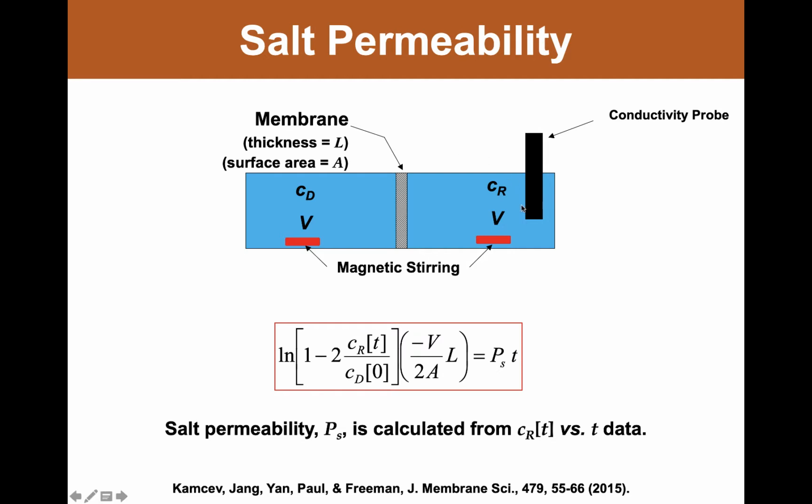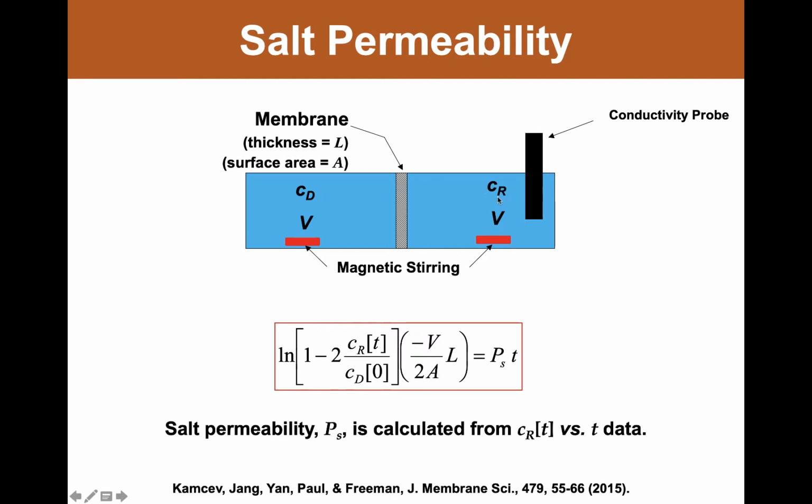And there is a probe of some sort. Typically we use just an electrical conductivity probe in the receiver solution to measure the concentration of ions in this solution. At the beginning of this experiment, with a membrane sandwiched between these two solutions, a salt of interest is added to the donor solution, and so the donor concentration of salt becomes a fixed value, say 0.1 molar or something of that nature.